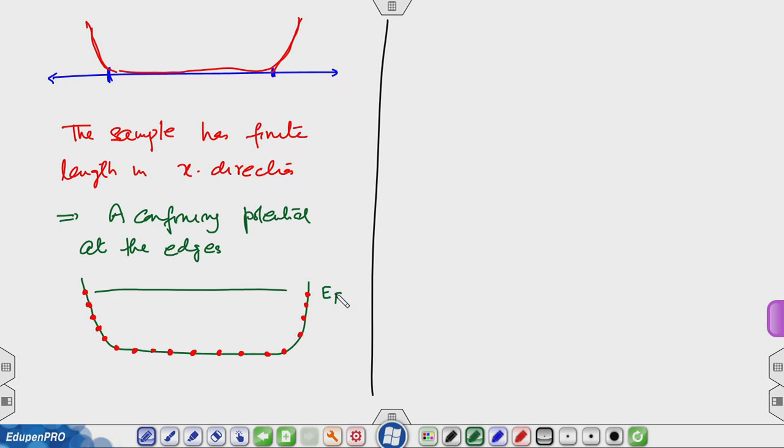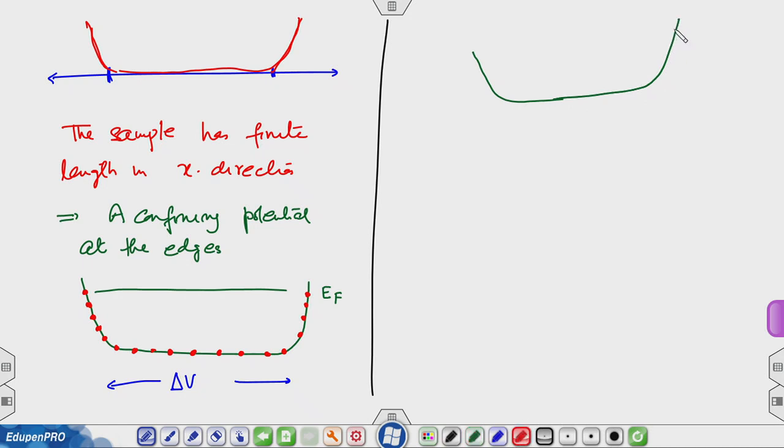Now, let us apply a potential difference delta V across. So, what would happen is that this potential would look something like this.